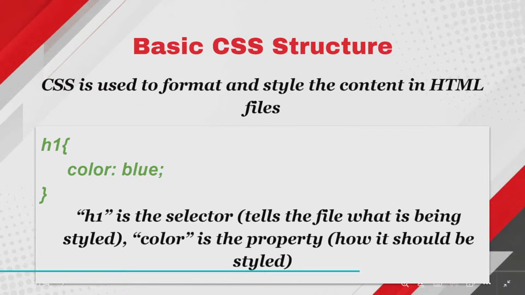And then we have color, which is the property. That is the aspect of those elements that we are changing or that we are styling. And so you see that in this example, it is selecting H1 and it is saying that we are going to change the color of H1 to blue. Does everyone understand?